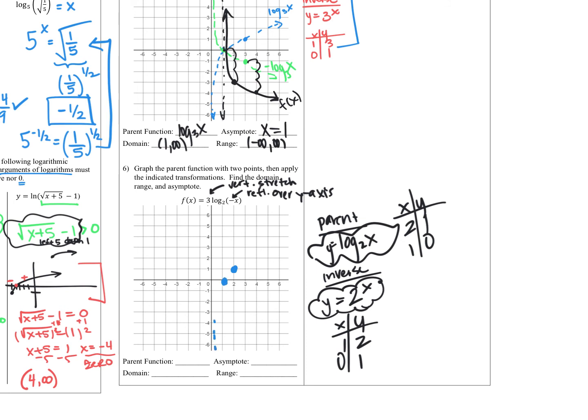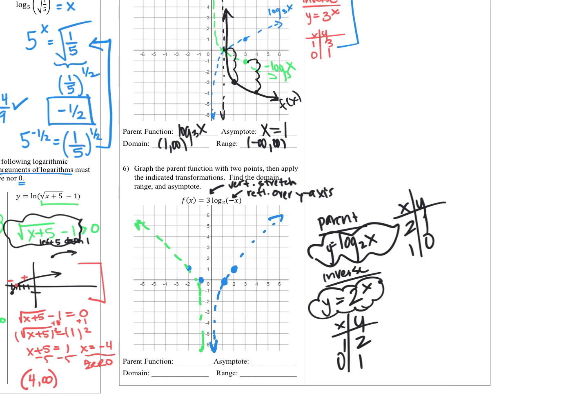So that is the parent function. And so we're reflecting over the y-axis. That means that instead of being at 2, 1, we're going to be at negative 2, up 1, and then negative 1, 0. So just the reflect part is this guy.